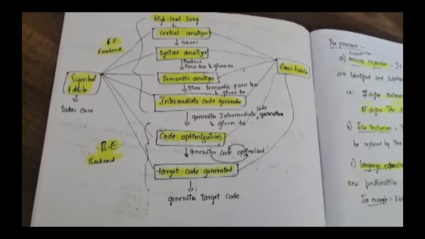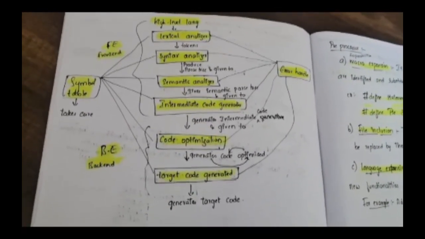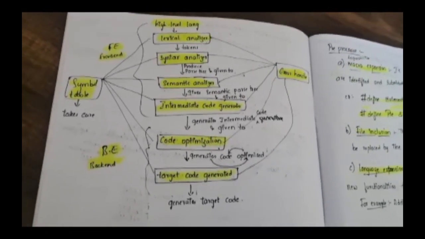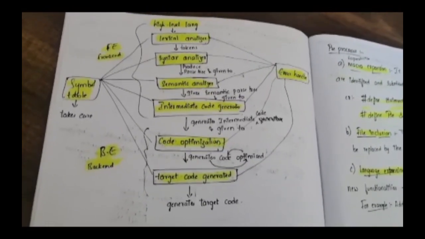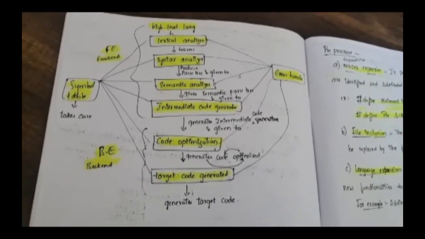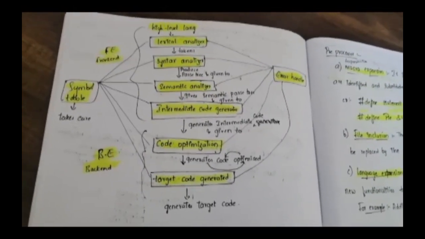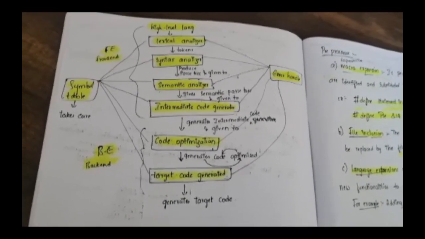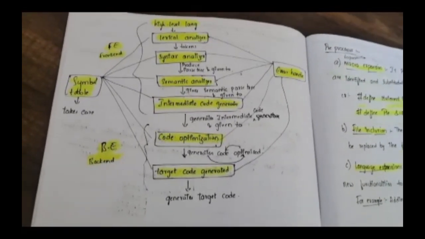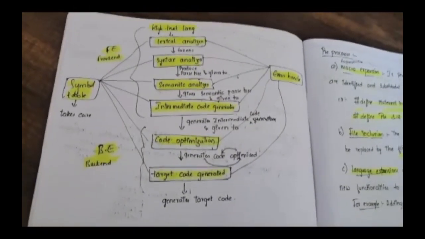The semantic analyzer produces a semantic parse tree, which is given to the intermediate code generator. In the intermediate code generator, code is generated which is given to the code optimizer. It optimizes the code and passes it to the target code generator. So this is how the phases take place.